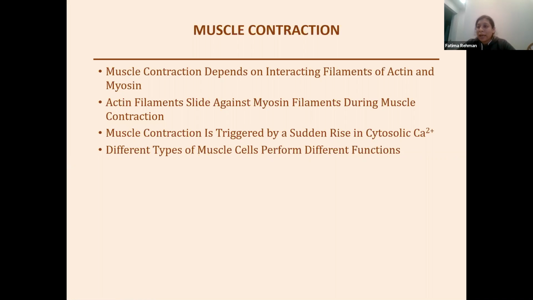Actin filaments slide against the myosin filaments during muscle contraction through direct interactions with the myosin binding heads. I think this is the last slide. And that muscle contraction is triggered by a sudden rise in cytosolic calcium ions. And obviously different muscles will perform different functions depending on where they are.